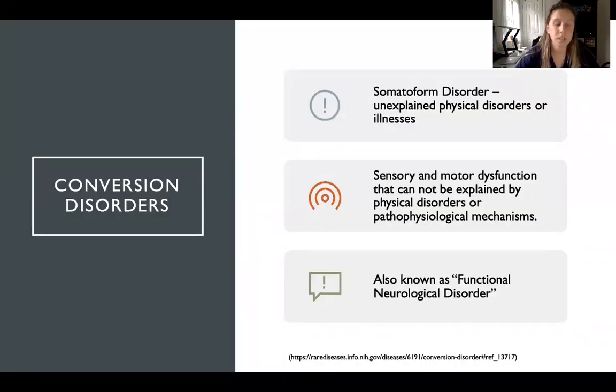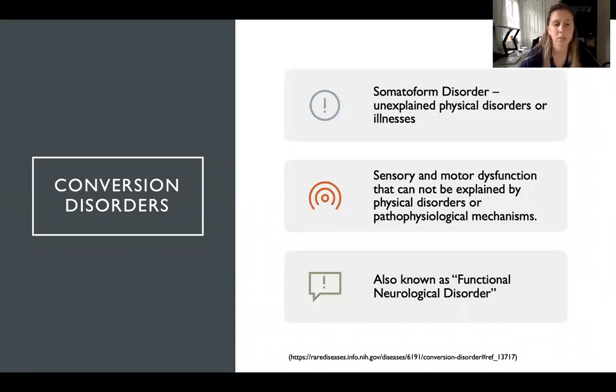So what was once considered to be hysteria has been renamed and broken up into two categories: somatoform disorders and dissociative disorders. Somatoform disorders meaning unexplained physical disorders or illnesses, and dissociative disorders meaning the disruption or loss of consciousness, memory, identity, or perception.